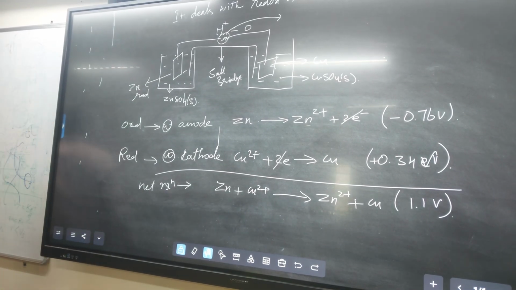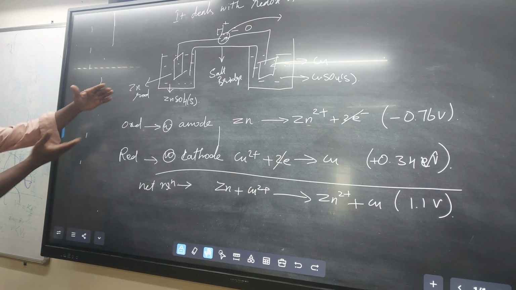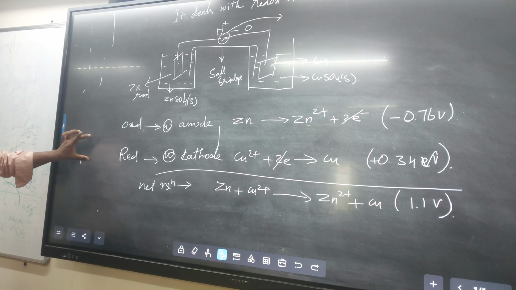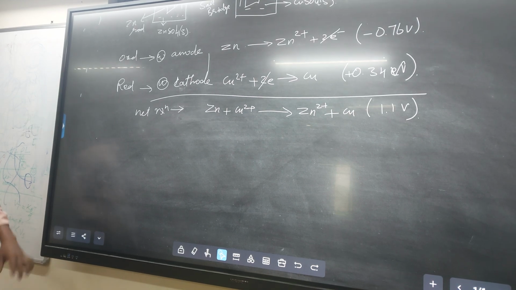Hydrogen electrode. Okay, right. Two half cells are connected internally through the salt bridge. You write it below this. Two half cells connected internally.